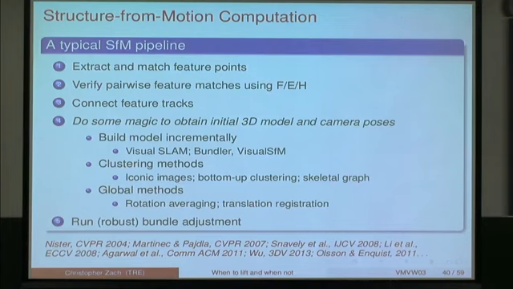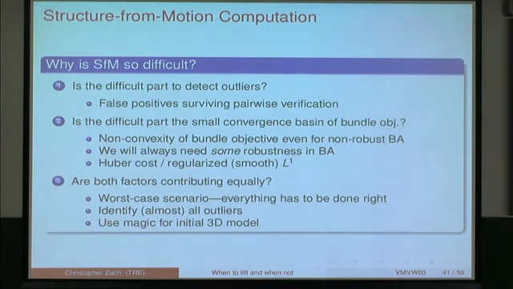So one of the questions is, why is structure from motion so difficult? And especially, why can't you just initialize things randomly and let the optimizer find a good solution, which is almost never working.